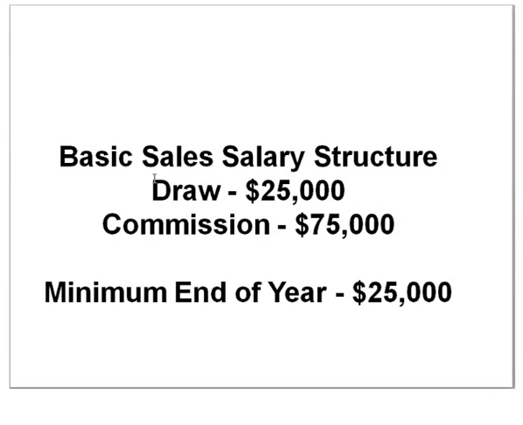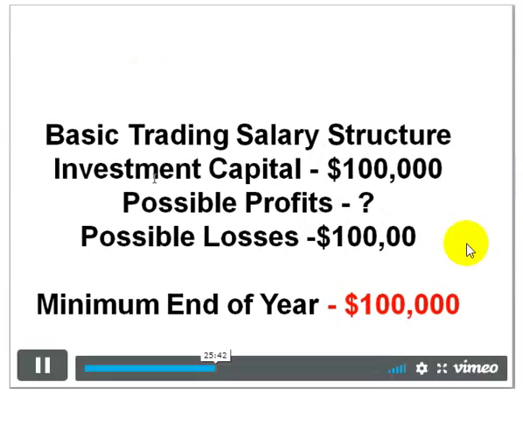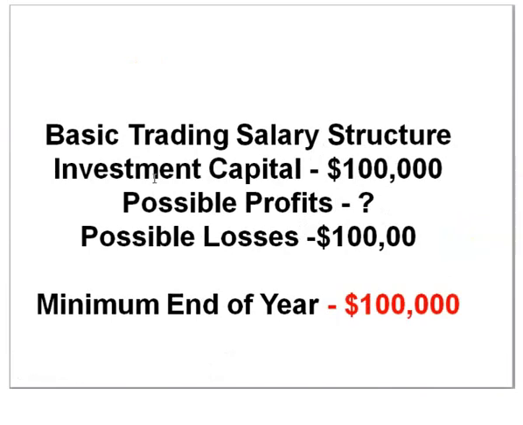What makes trading so very, very tough, especially to consider on a job basis, is that the basic trading salary structure is quite different. First of all, it requires not only your labor, it requires your capital as well.